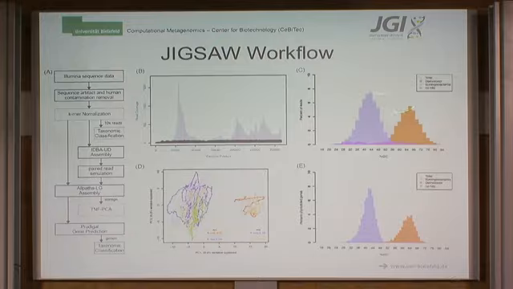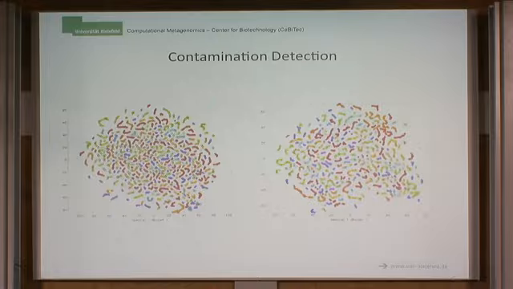So we have this QC pipeline where you try to, again, taxonomically classify your reads and your contigs, and you can do some analysis on the contigs to identify possible contamination. And what we do here is a t-SNE analysis.